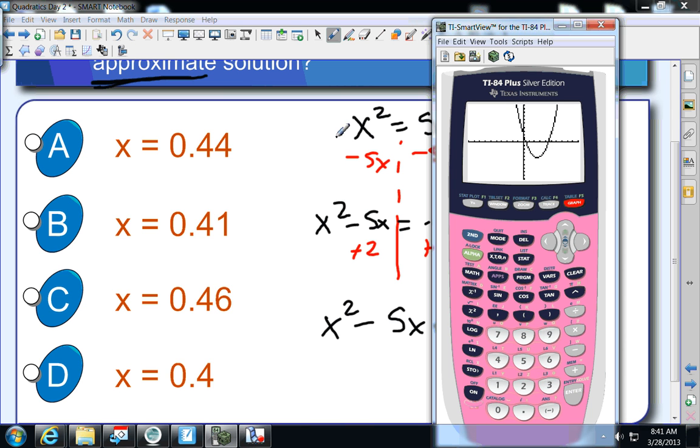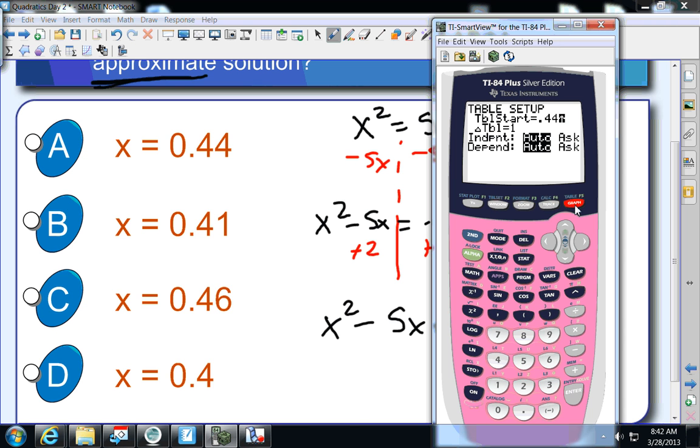All of these right here are between 0 and 1. Well, golly. These are all still really close. So why don't we do this? Here's one way to do it. Let's go second window and type in this number for x. Let's type in 0.44.